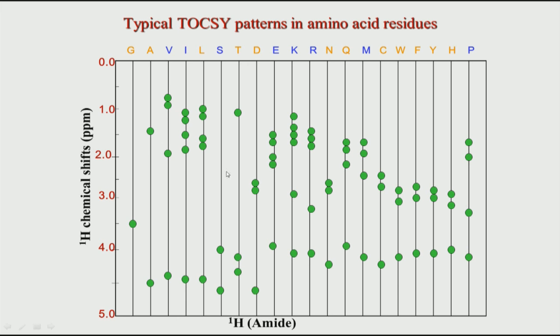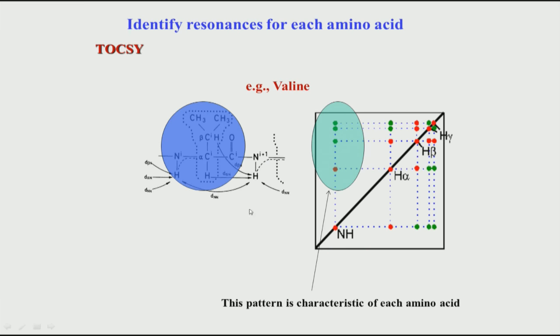What is shown here on the x axis is the different amino acids. The 20 amino acids are listed here on the top, and on the y axis is the proton chemical shift, but only shown from 0 to 5. So, as in the previous slide, we are looking at this portion shown by this green circle, and it is only the aliphatic portion of the amino acid, and that goes from 0 ppm, which is the top part, to the center, which is around 5 ppm.